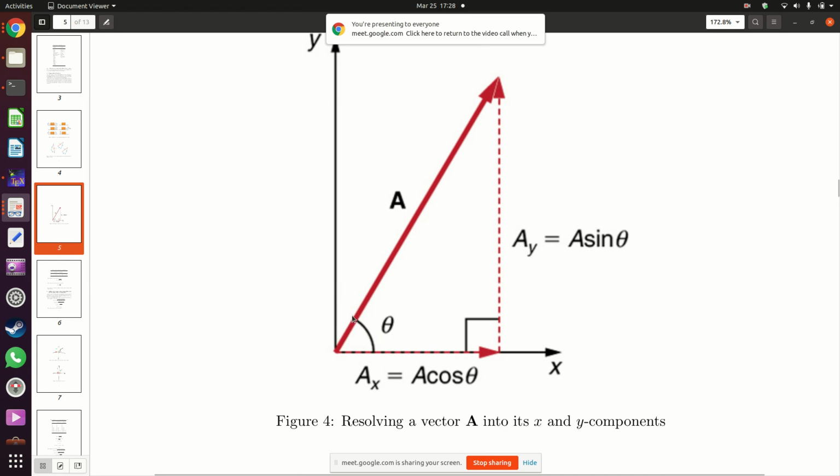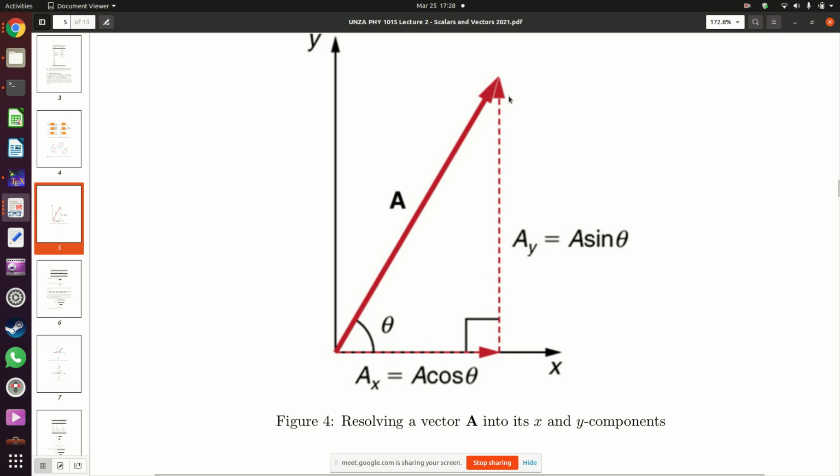As you can see from this arrangement, we have the vector A pointing in that direction. Then you have Ax at the bottom there, equal to A cos theta. Then you have your Ay occupying this area here, so Ay equals A sin theta.